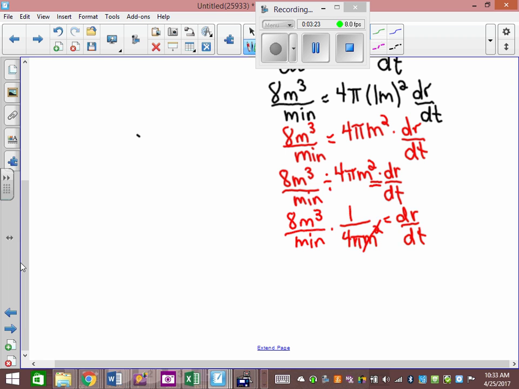Then the meter squared cancels off 2 of those. The 4 and the 8 cancel, you're left with a 2. On the top, you're left with 2 meters times 1, so 2 meters over pi minutes, which looks a little weird. So you can write this fraction out front: 2 divided by pi meters per minute.